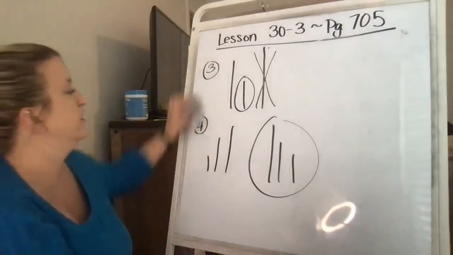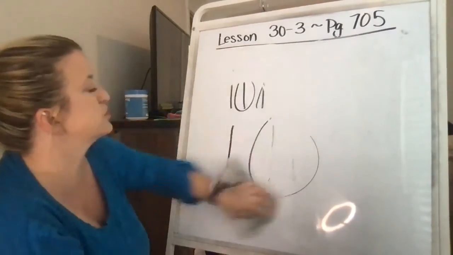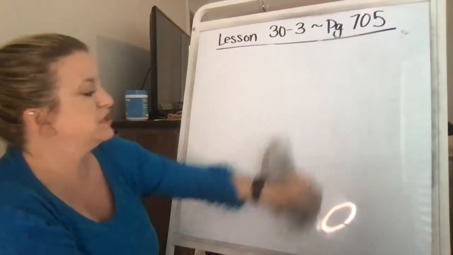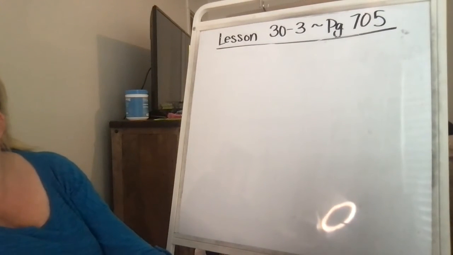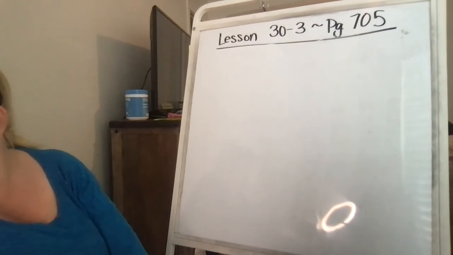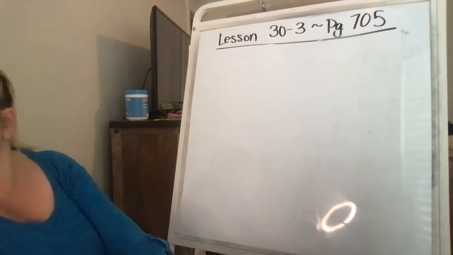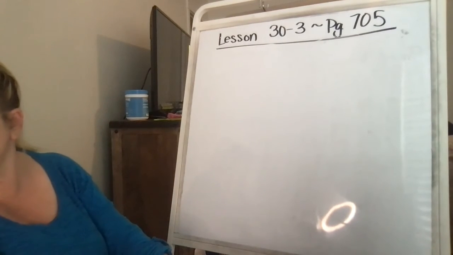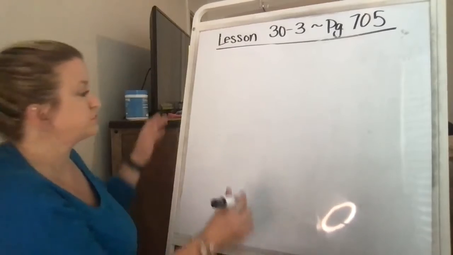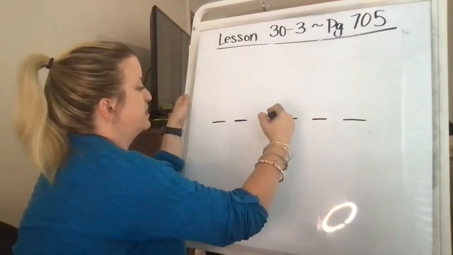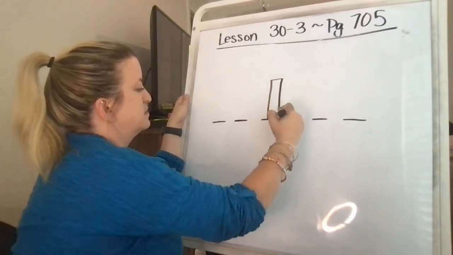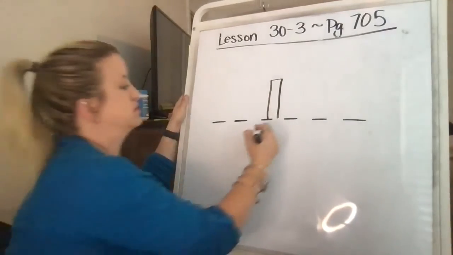Number 5, oh, I love these. It's our good friends Buzz and Boom. Buzz says that the black ribbon is the shortest. Boom says the blue ribbon is the shortest. Who is right? Circle Boom or Buzz? So it has lines like this, and then it has, we'll say this is blue.